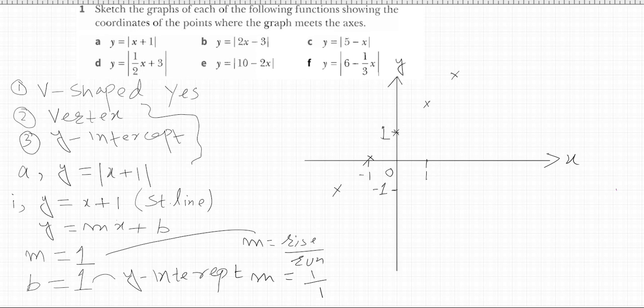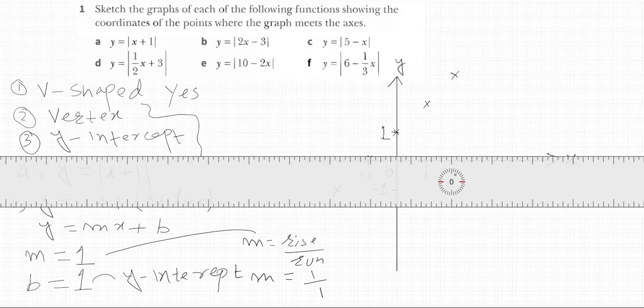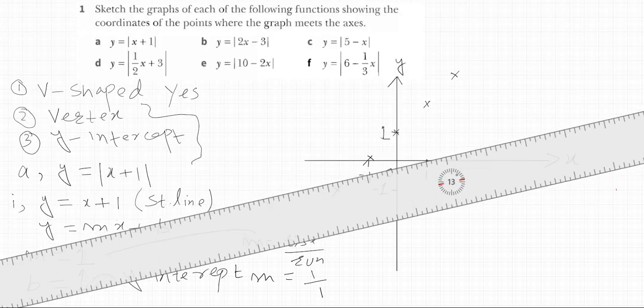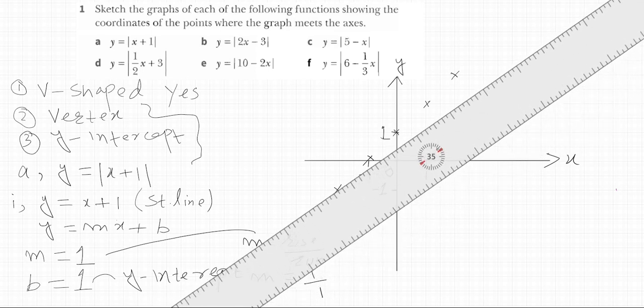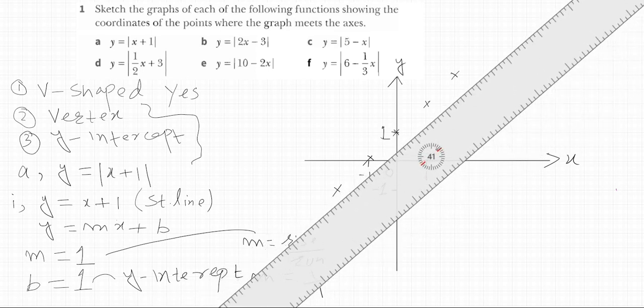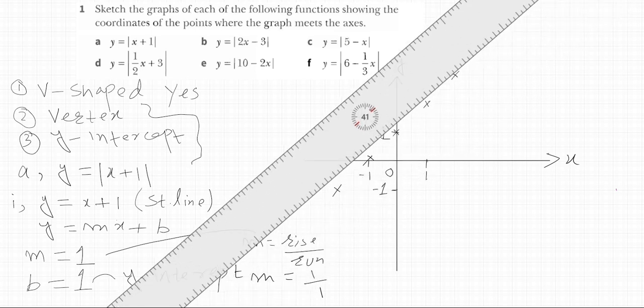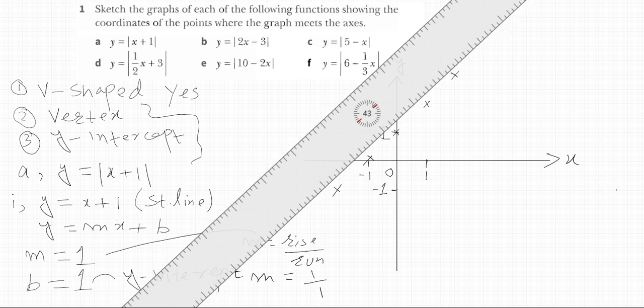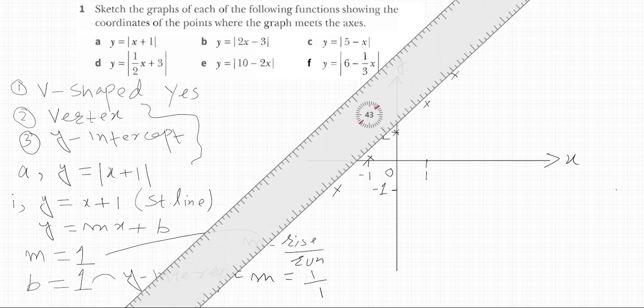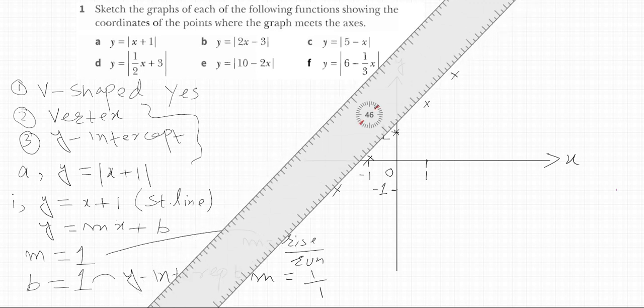Now again I am taking my scale and joining all the points with the help of the scale.